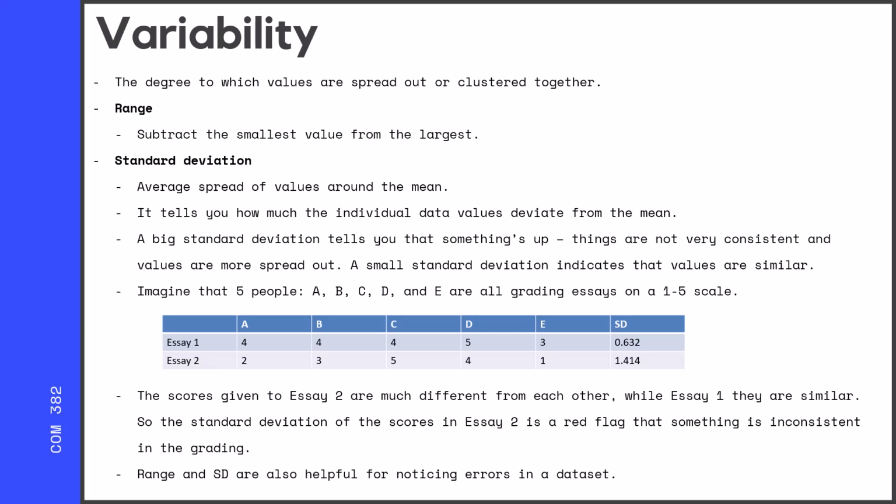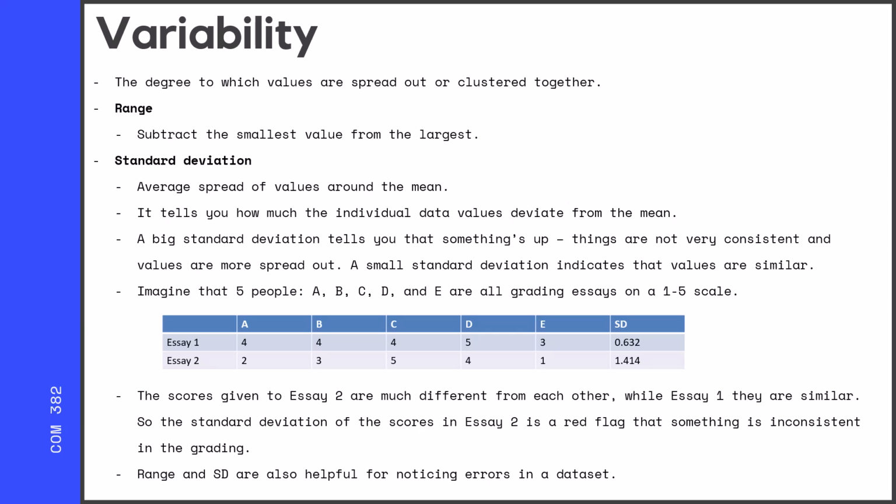So as an example, imagine that 5 professors are all grading the same essays on a 1 to 5 scale. For essay 1, the professors gave a 4, a 4, a 4, a 5, and a 3. For essay 2, they gave a 2, a 3, a 5, a 4, and a 1. So very different scores. The standard deviation calculation shows that for essay 1, the standard deviation is 0.63, not too bad.